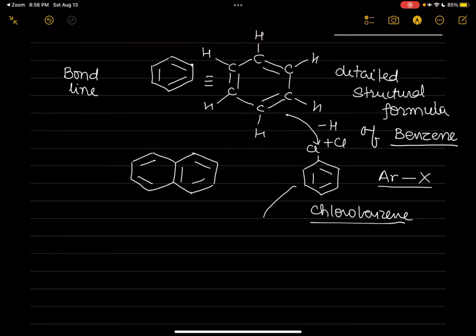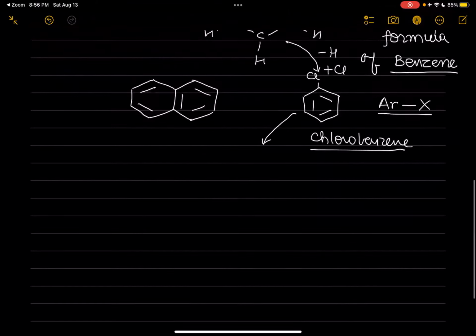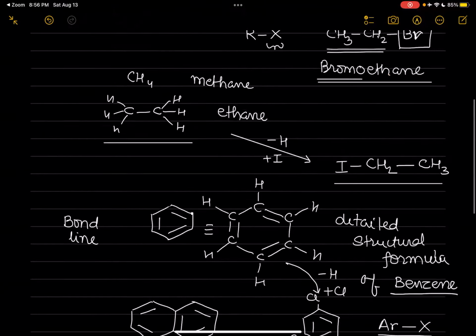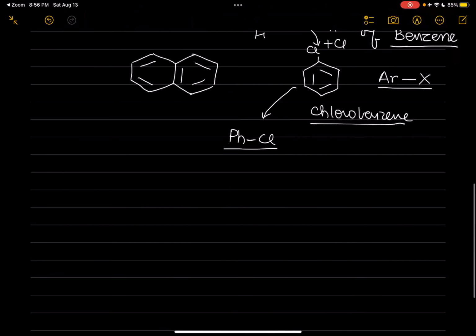Okay, there is also one more way of representing it, that is PhCl. Okay, this Ph is phenyl. It is also known by the name phenyl, the benzene ring. Okay, and chlorine, chloro, the halide. Okay, so this is what the name means. So this is the general introduction.